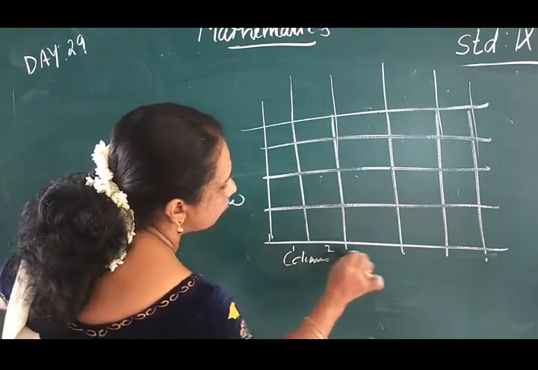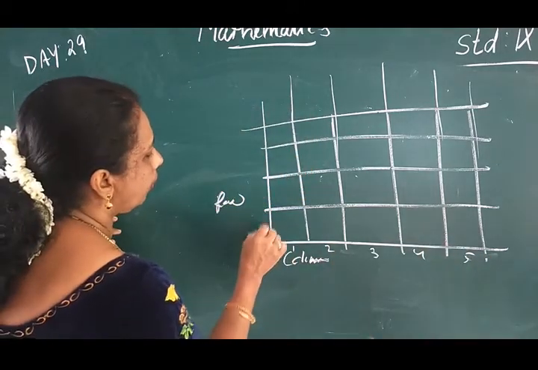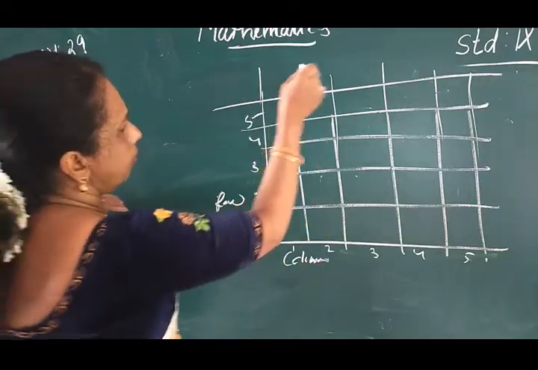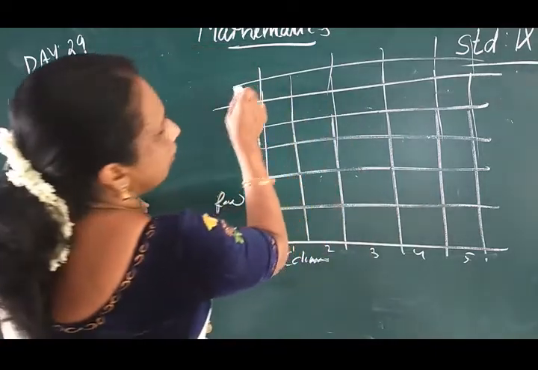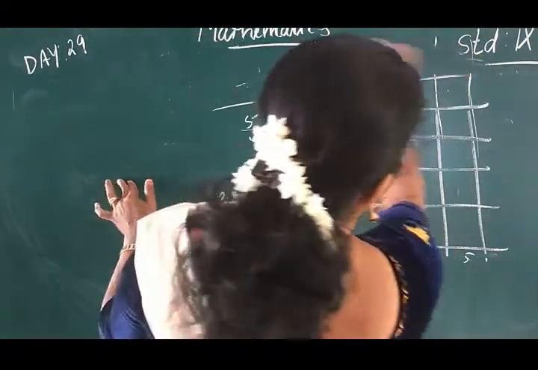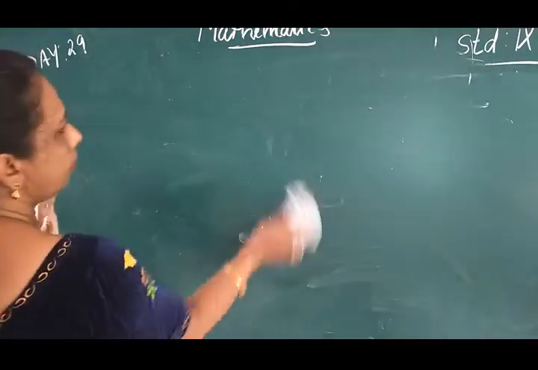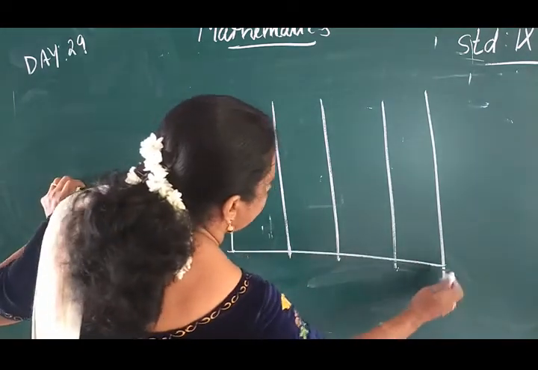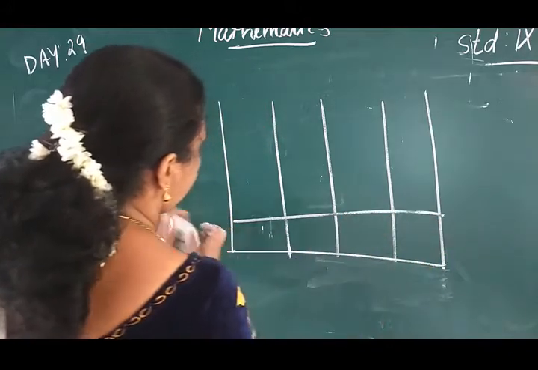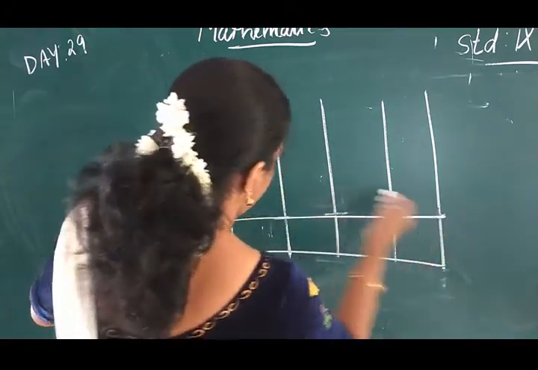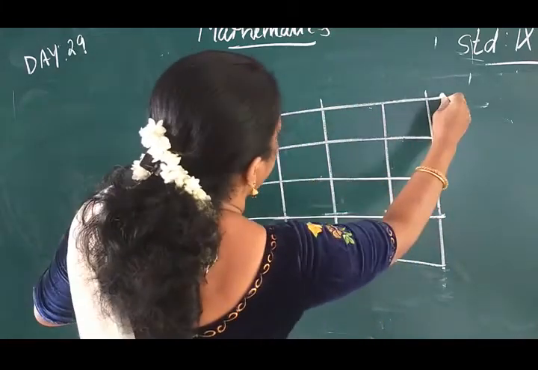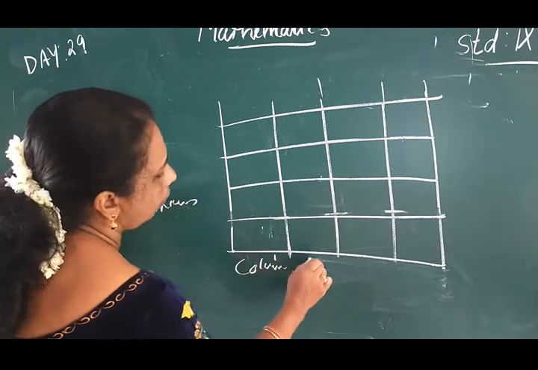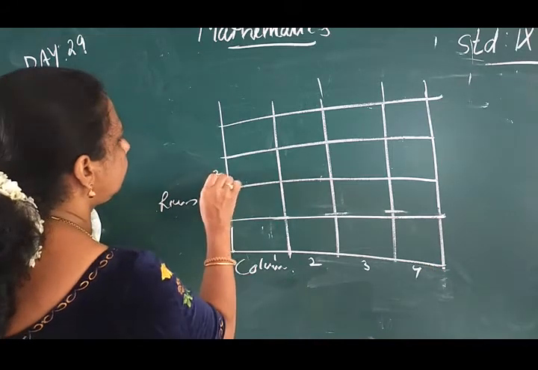How many columns are here? 1, 2, 3, 4, 5 columns, and rows 1, 2, 3, 4. Anyway, we can draw six columns also.